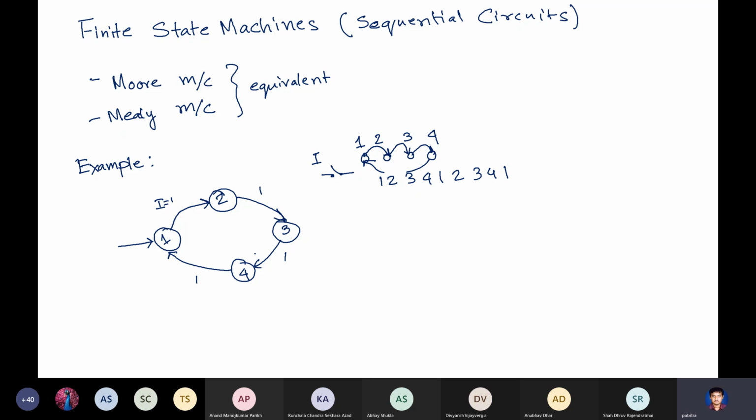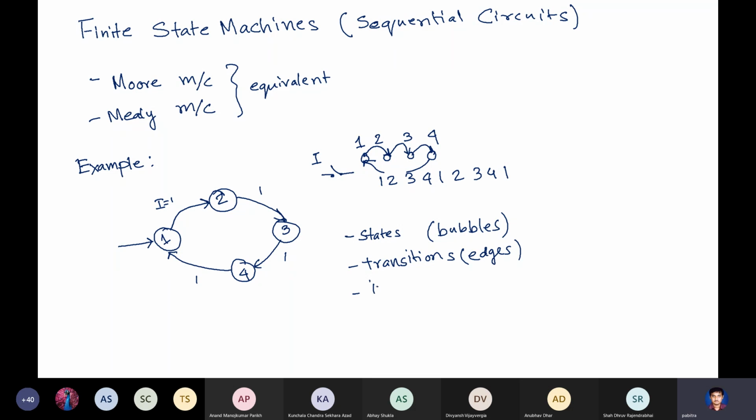Few facts you note about this thing. First of all, what are the things you have? You have states, which are nothing but these bubbles that we have. Then you have transitions, which are the edges or arrows or whatever you call them.